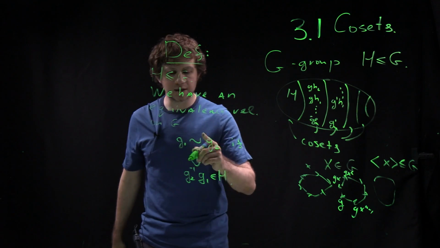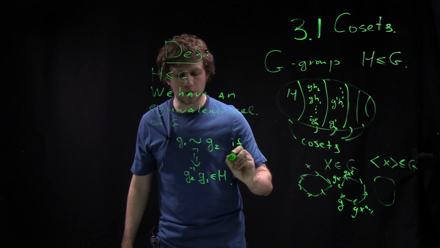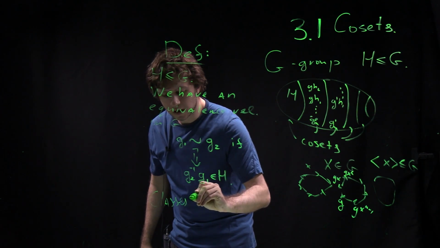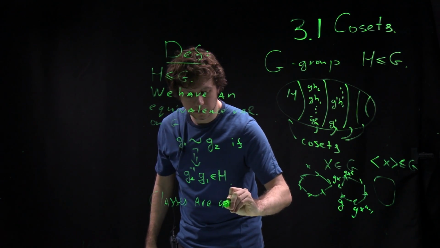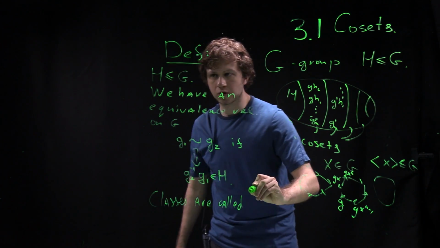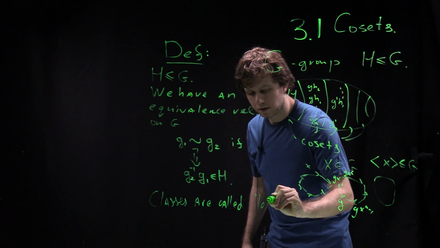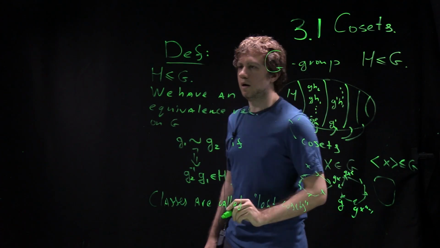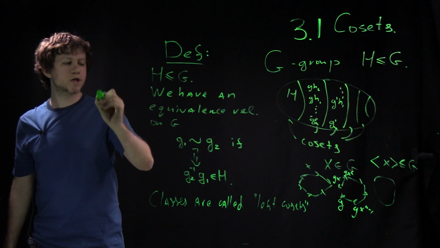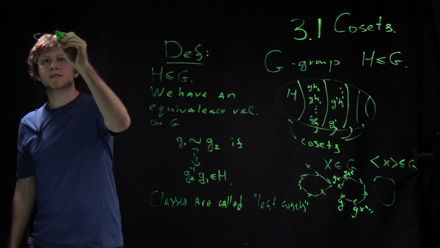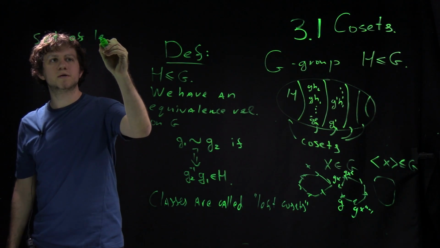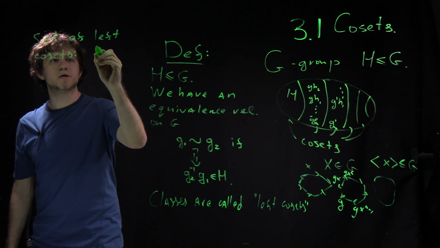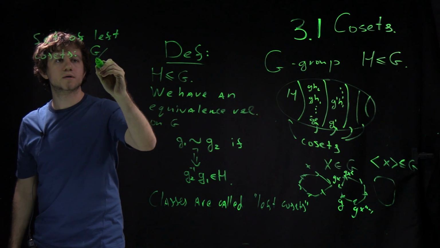And then the claim is that this is an equivalence relation. The classes are called left cosets. And the notation is probably this: the set of left cosets is usually denoted by G/H.